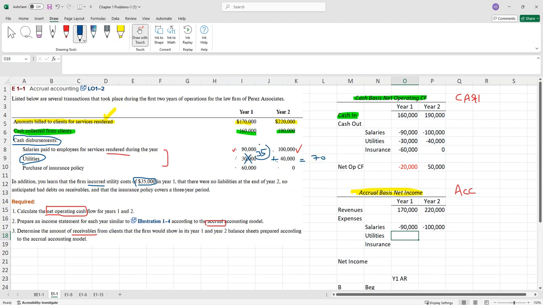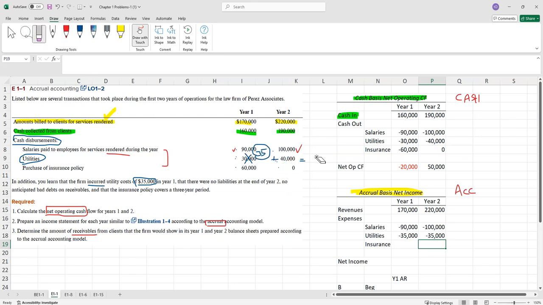So if we did 35 in year one and there were 70 total, then the remaining 35 we must have incurred in year two. So it's a little bit like a puzzle. You have to analyze it and say what's going on here. But we'll do negative 35,000, negative 35,000.